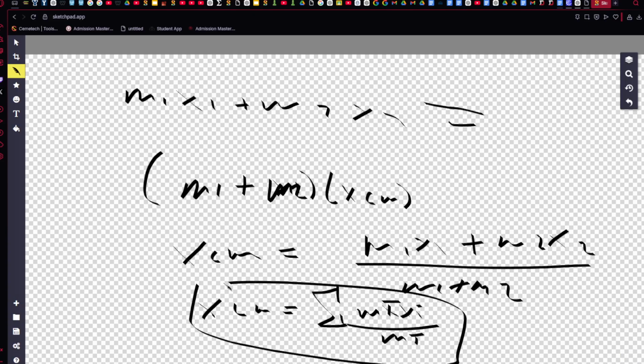So essentially the product of the mass and the position relative to a starting point divided by the mass will give you the center of mass. Now the reason this is needed, I'm not too sure actually, but it is needed for some reason. I actually don't know why. You never really use this either.